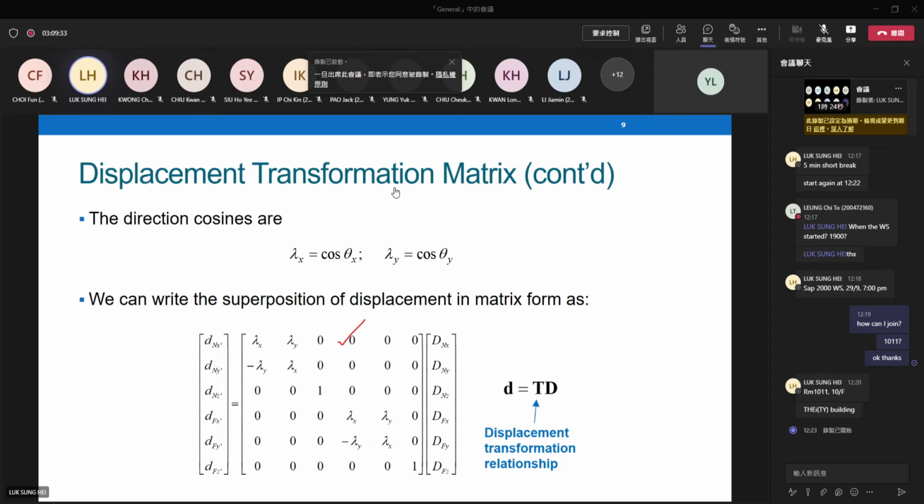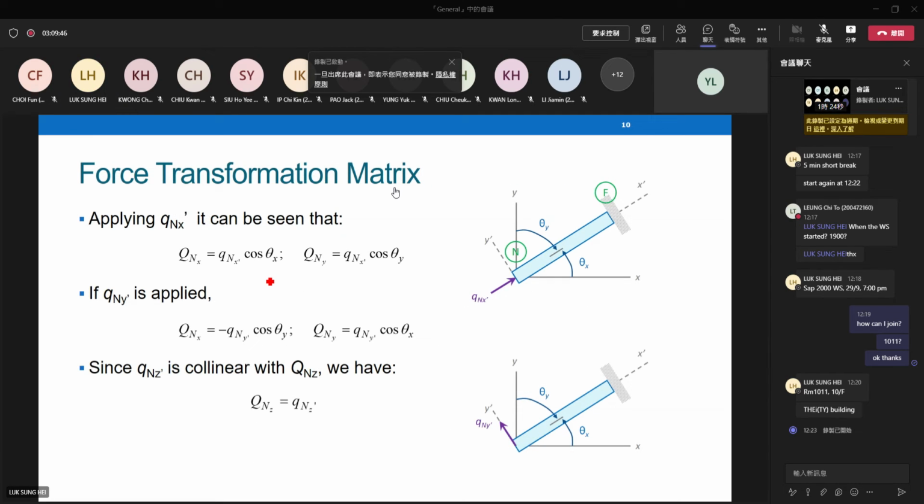We do the same thing for force. For force, you can also use this technique to transform local to global, which helps you transform all elements to the global system. For force, we apply an actual force here. For example, we have an actual force, small q meaning local coordinate, along the x prime axis.